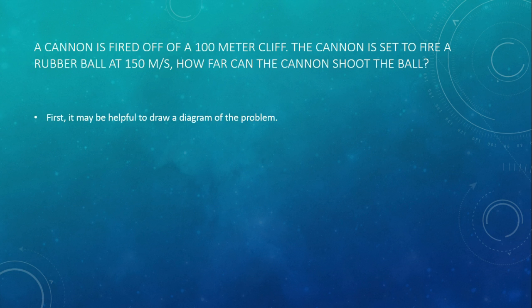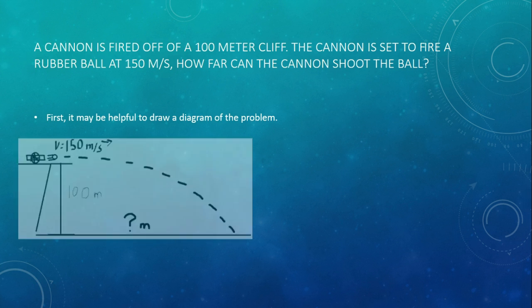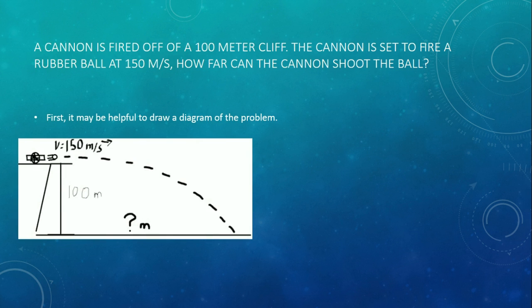If you're a visual learner, or you just need help to visualize a problem, it is pretty important to draw a picture of the problem. When you're first learning how to solve these problems, it's very helpful to draw a picture. So here I have a pretty picture I drew on Microsoft Paint.